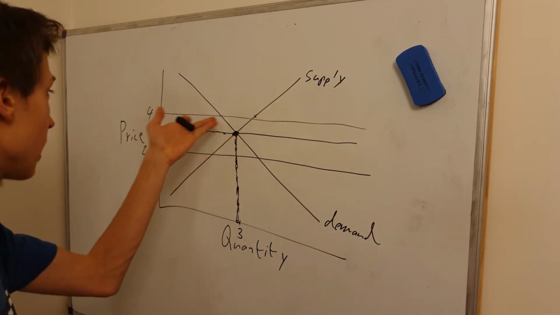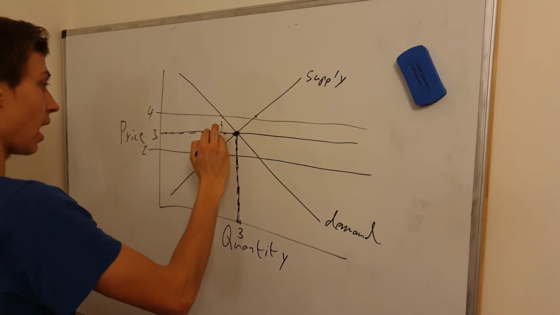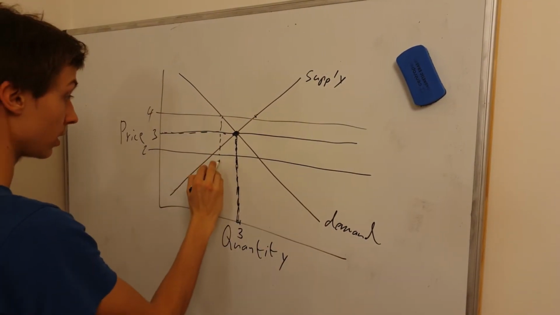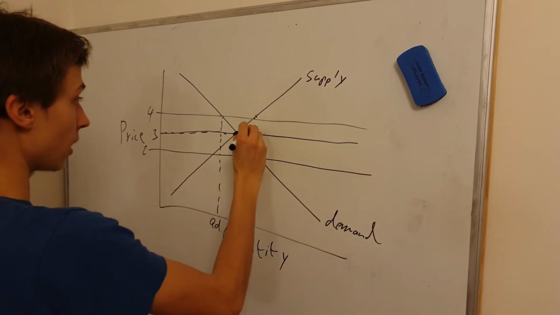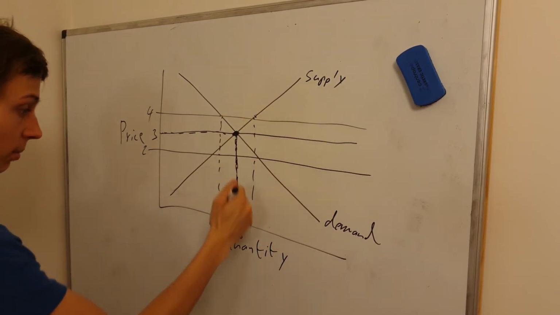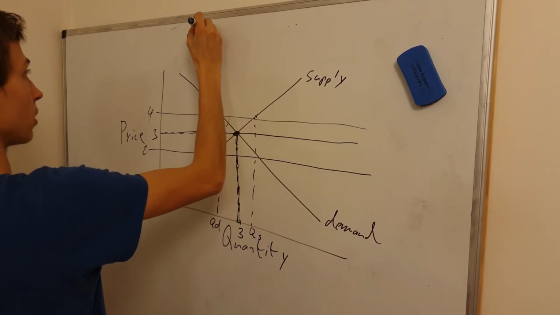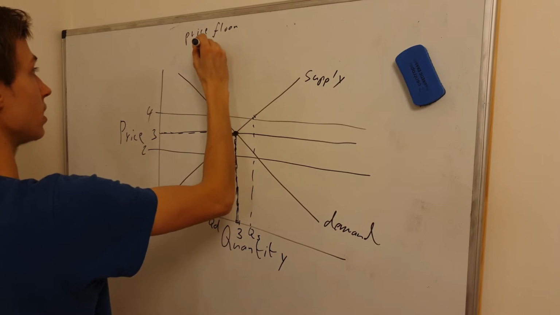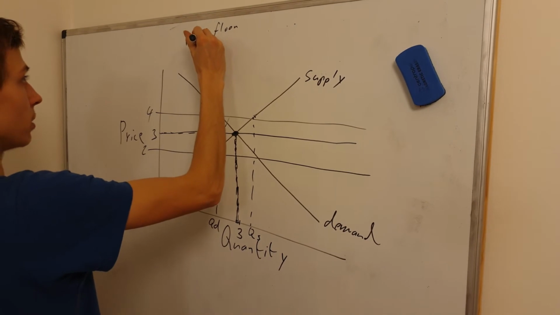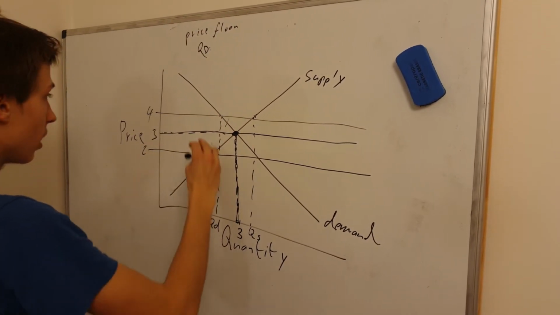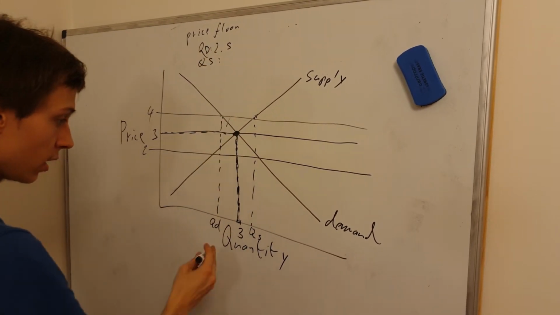Now, this is exactly what the price floor and price ceiling do. With the price floor right here, quantity demanded is, let's say, 2.5, and quantity supplied is, let's say, 3.5.